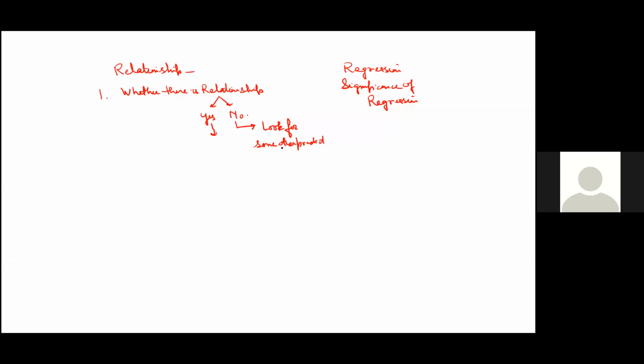In the same manner, if the relationship is not there between these variables, then we will look for some other variables. Obviously, in this case our answer would be yes, so we will go for the significance of the relationship. This will be our first step.